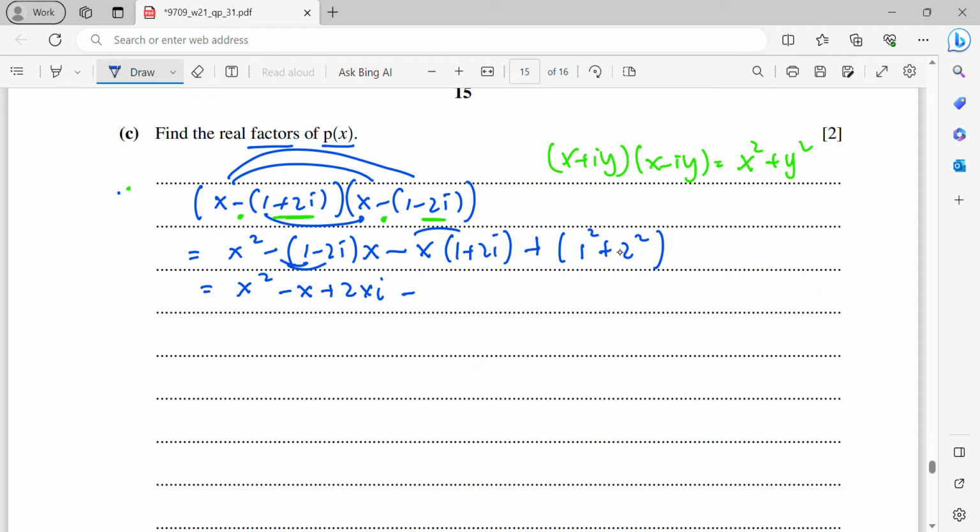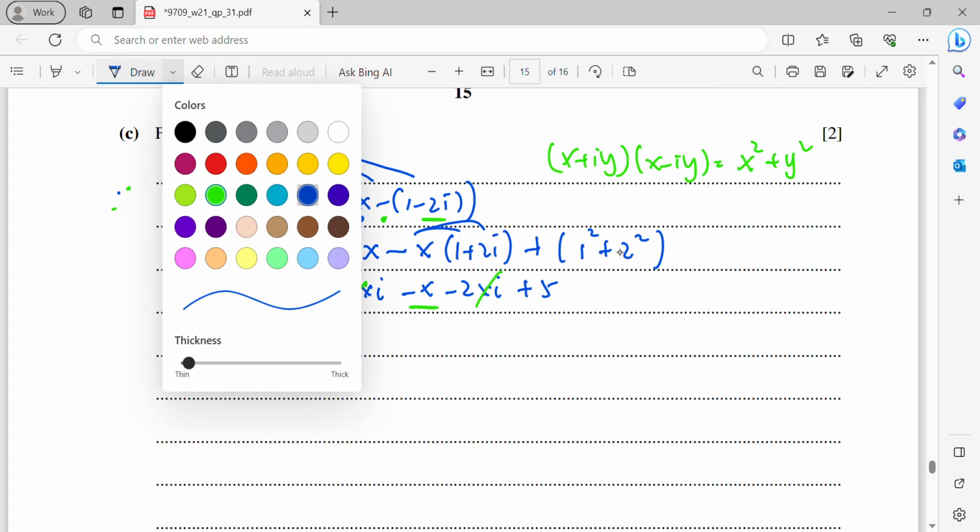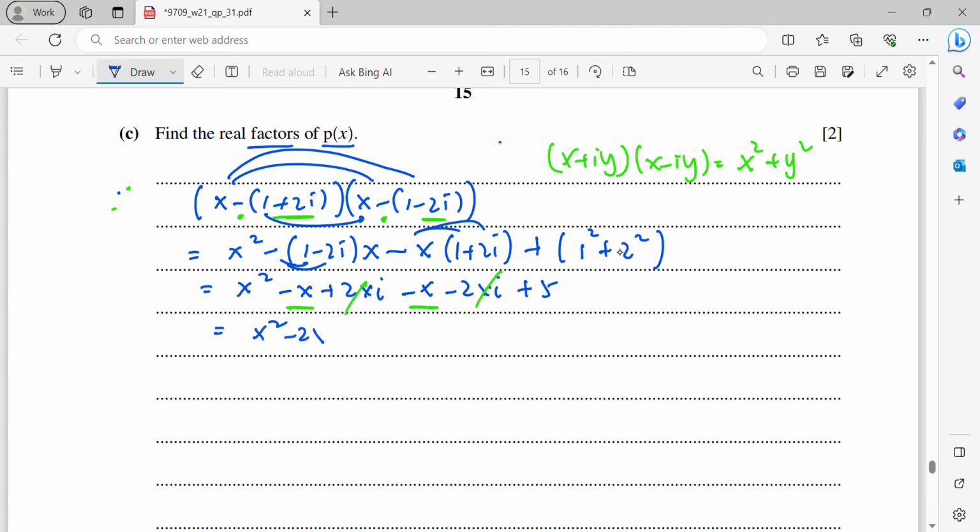Then here expand, minus x, this is minus 2xi. Then plus 5. Then at last I will get x squared. Now when you look at here, this is minus x, so minus 2x. Plus 5. So this is my first quadratic factor.